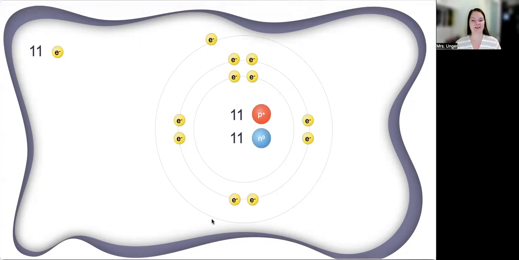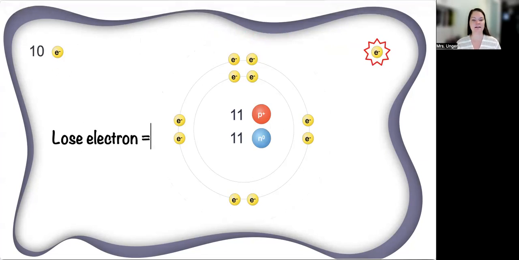Then what we have in this case is a shell that just has 1 electron. And because that's problematic, as we will see in a moment, that's just going to yeet on out of there. And that's going to give us an atom with 11 positively charged protons, 10 negatively charged electrons, meaning that the loss of one of the electrons leads to a positive charge, because we now have more protons that are positive.